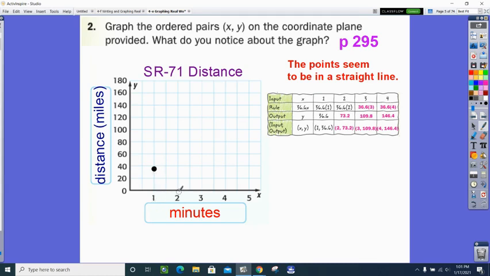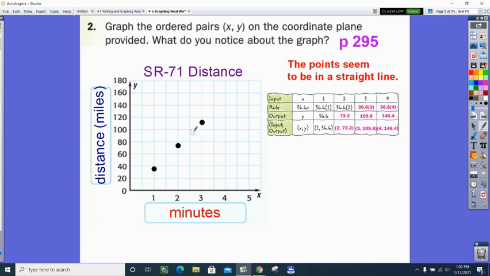The next one would be 2, 73.2, right? So let's find 20, 40, 60, 70, and a little bit more. Are you with me? The next one is going to be 3 minutes and about 110. So 20, 80, 100, halfway would be about 110.